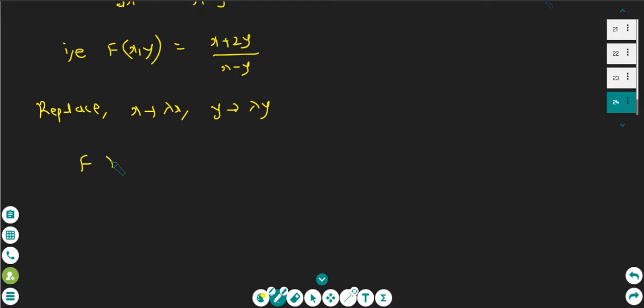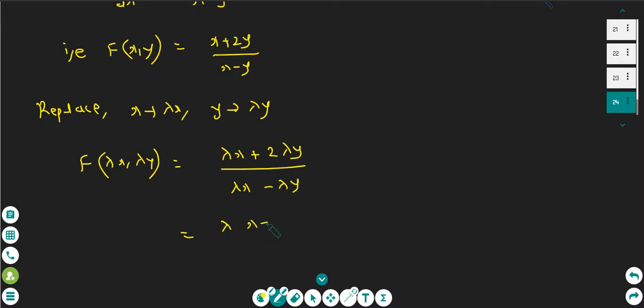Therefore this becomes f of lambda x comma lambda y, which is equal to lambda x plus 2 times lambda y divided by lambda x minus lambda y. I can factor out lambda from both the numerator and denominator, and I get lambda times x plus 2y divided by lambda times x minus y.